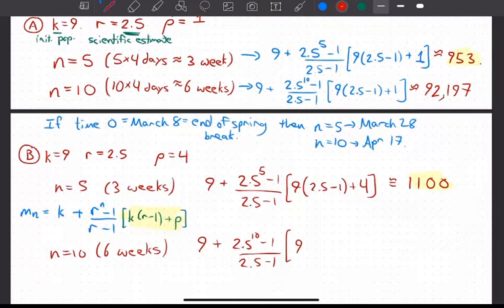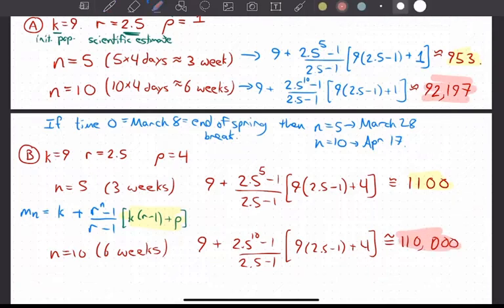And then you're talking about something like 110,000, which you're comparing to 92,000 up here. So that 20% increase might feel like a lot.